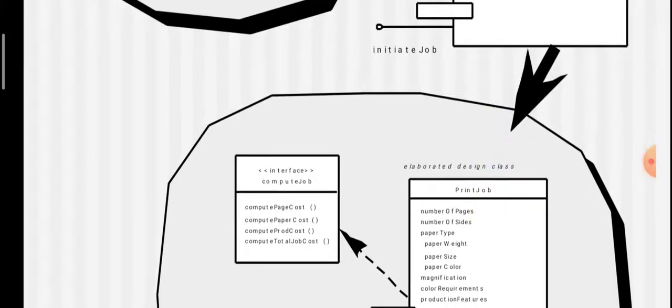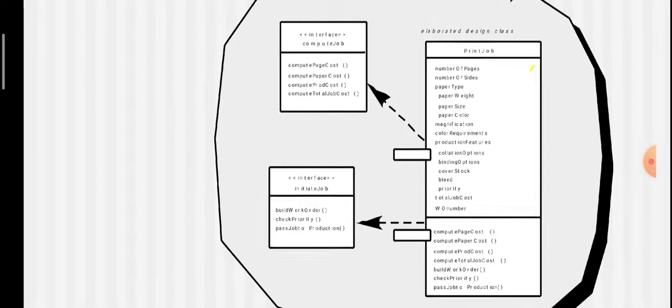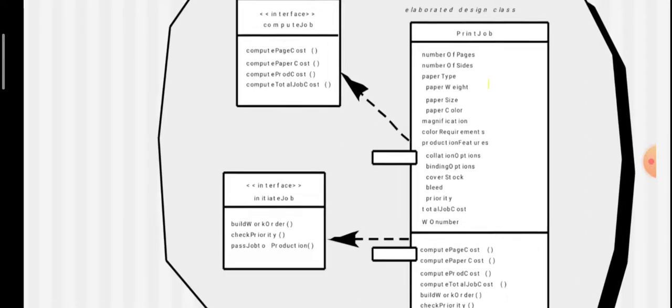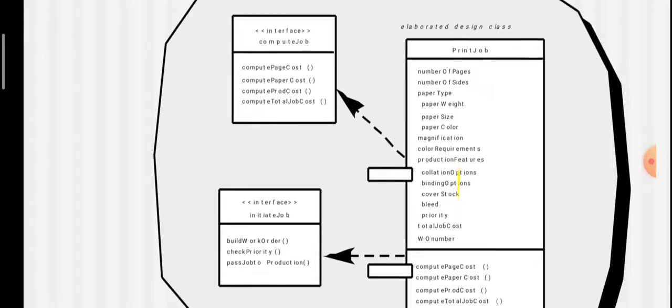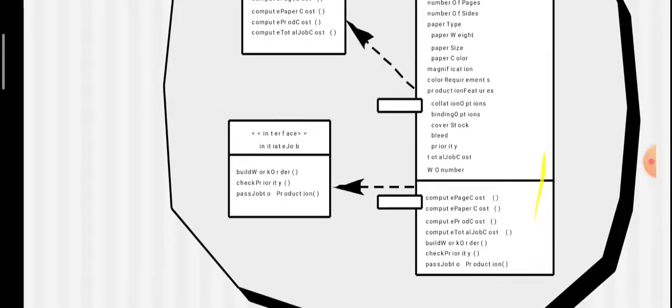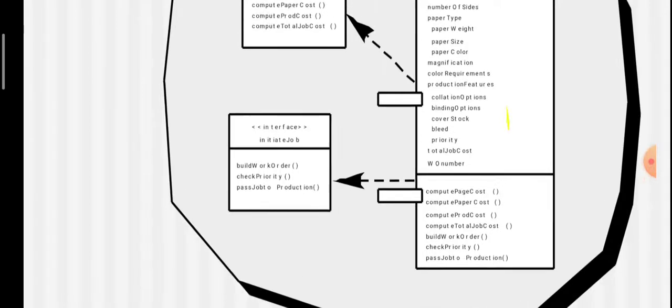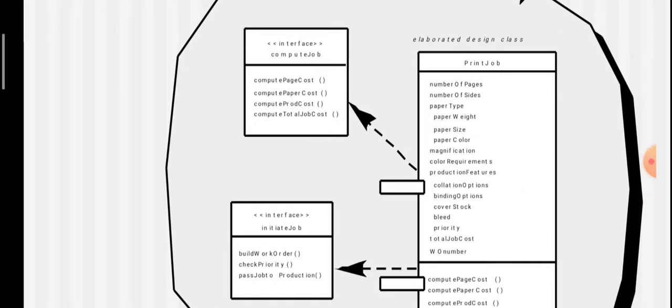So let us see that. This particular component, print job, has a design class. In the elaborated design class, again we have the number of pages, the number of slides, paper type. So there are different types of data, and these are the different types of methods that will operate on the data. We have seen two interfaces. What are the interfaces?